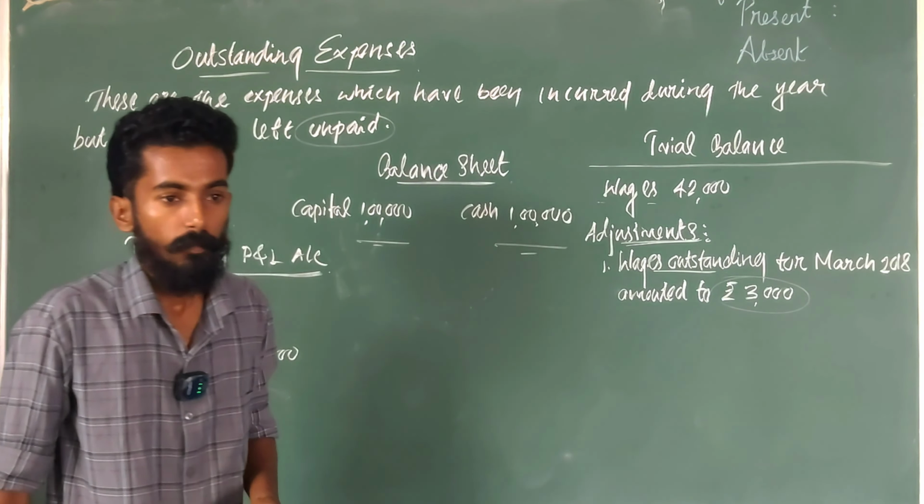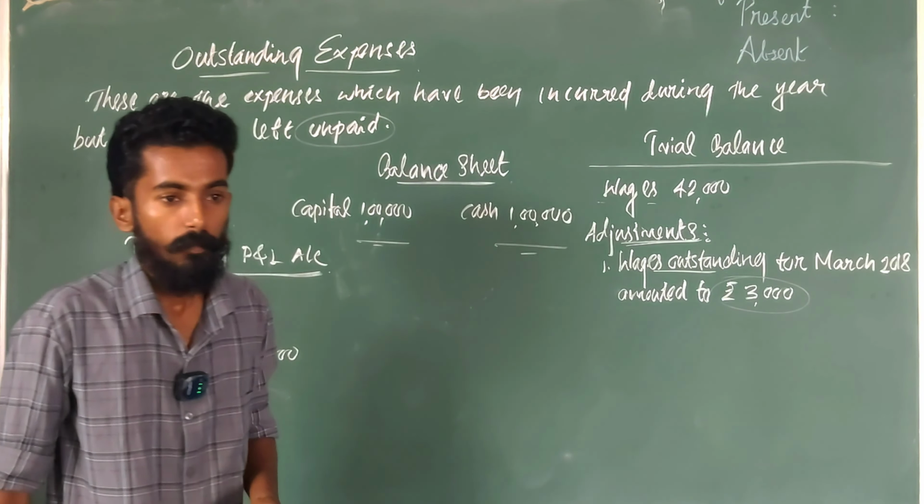It's very simple. First of all, where are we going to take these wages, into the trading account or the P&L account? We need to post that wages balance into the trading account. Why does it come under the trading account? Because wages is a direct expense for the firm.